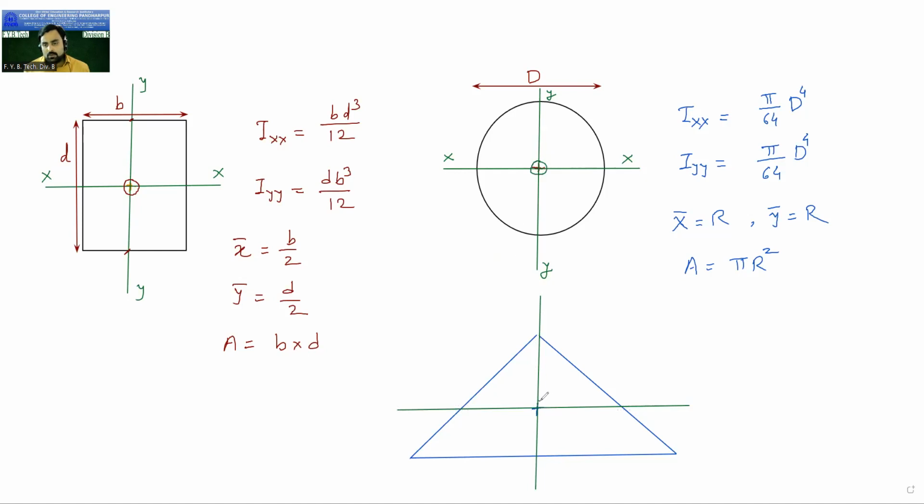The base of the triangle is b, and the height of the triangle is h.